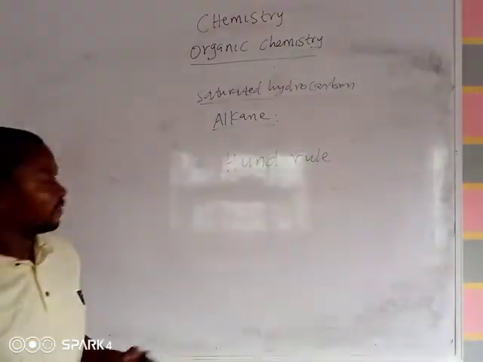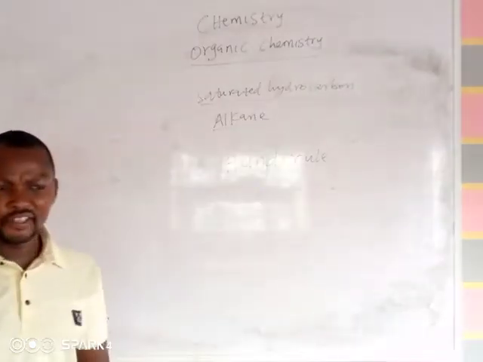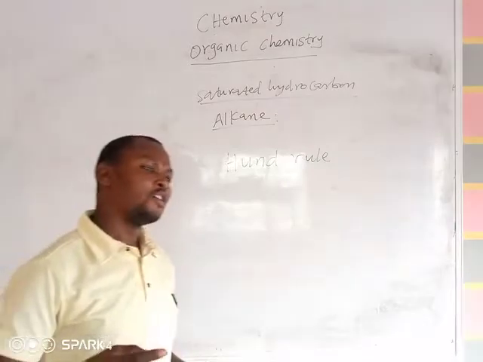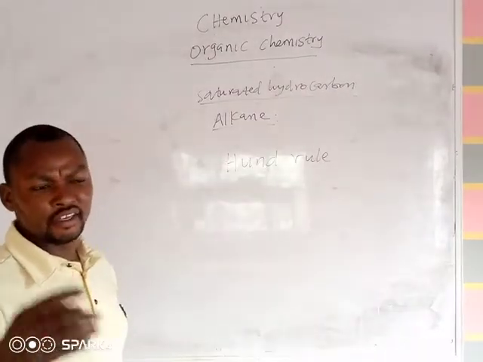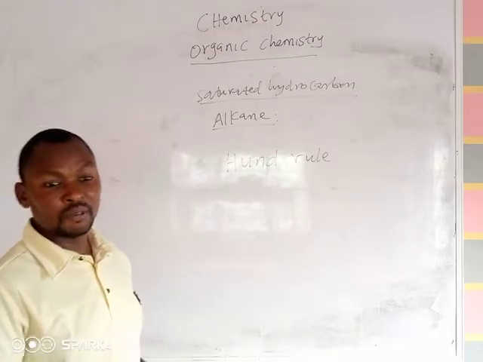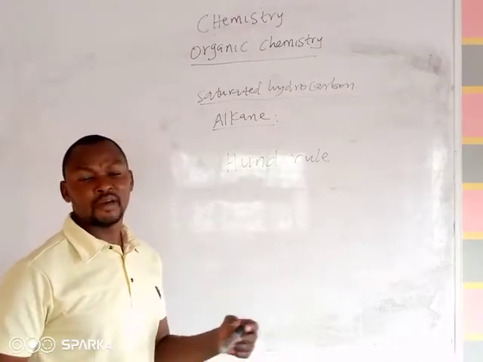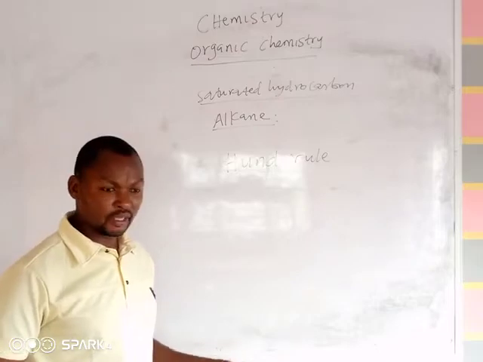So the orbitals must be what? Filled singly before pairing takes place. Now, since the orbital is filled by the atomic number, we use the atomic number to fill the atomic orbitals.